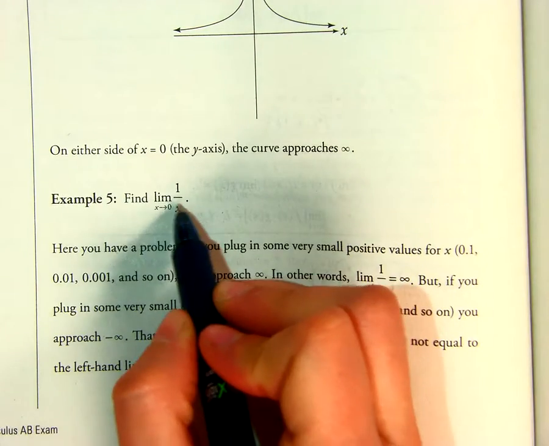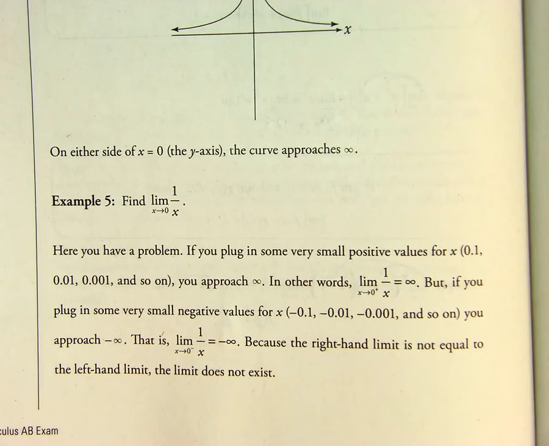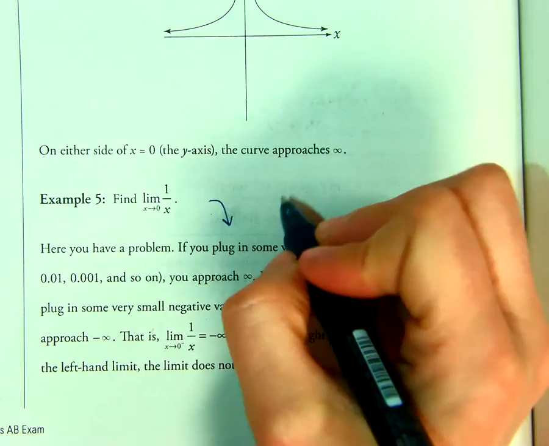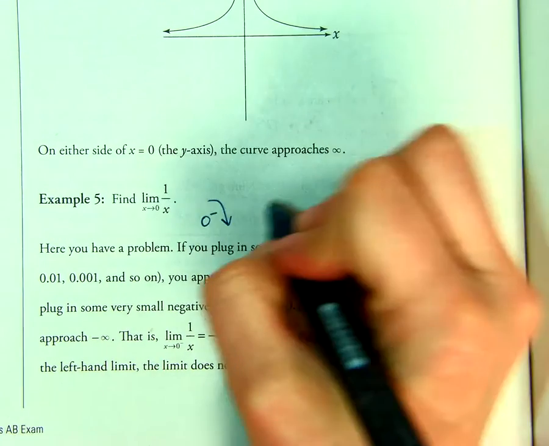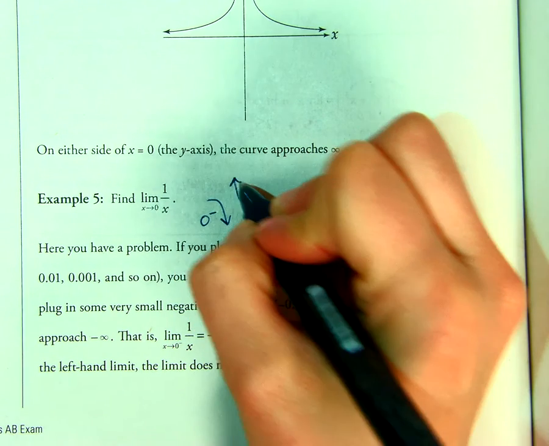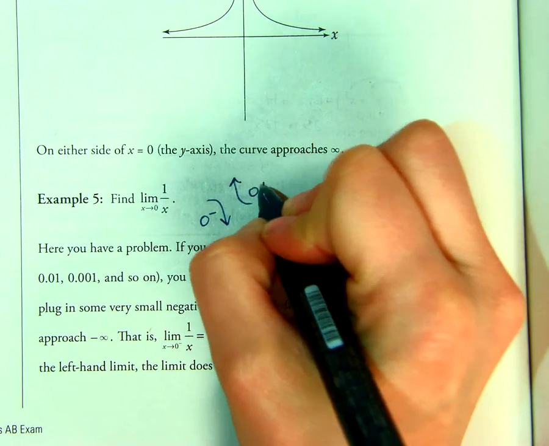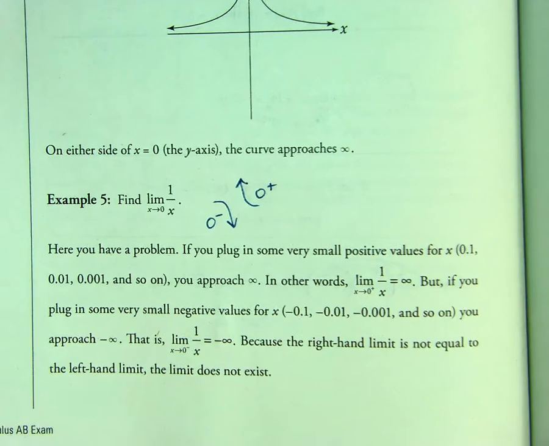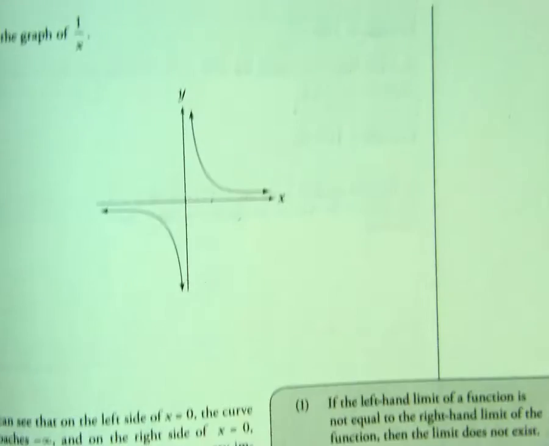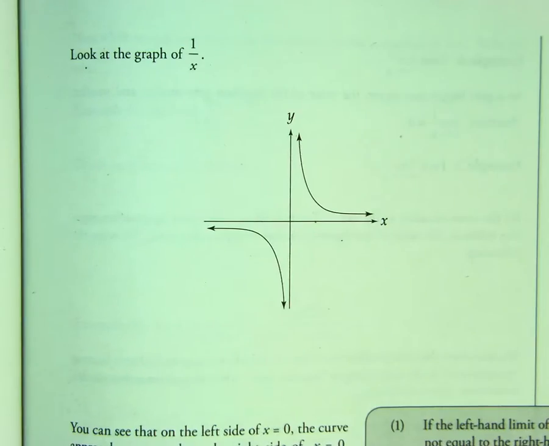Whereas down here, my variable on the denominator isn't squared. So if I plug in values from the left, it's going to go down, 0 from the left. Whereas if I plug in values from the right, it's going to go up. So that's 0 from the right. So what we end up with is a graph that looks like this.